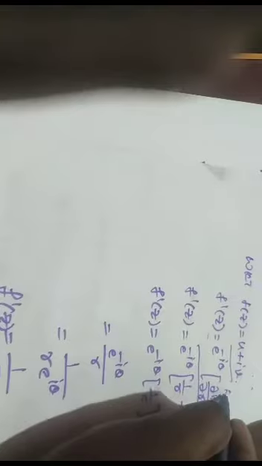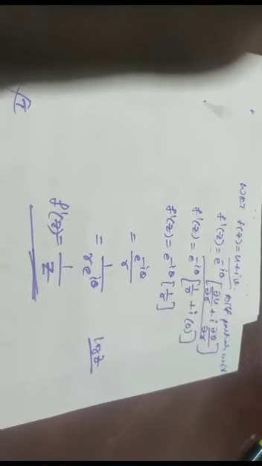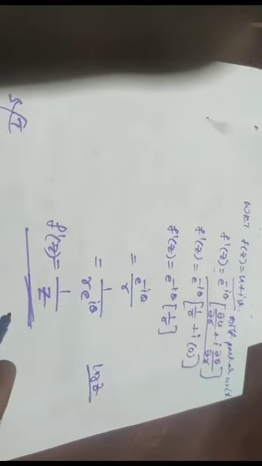Differentiate partially with respect to r. That is e power minus i theta dou u by dou r plus i into dou v by dou r. Substitute that. Substitute dou u by dou r plus i into dou v by dou r.